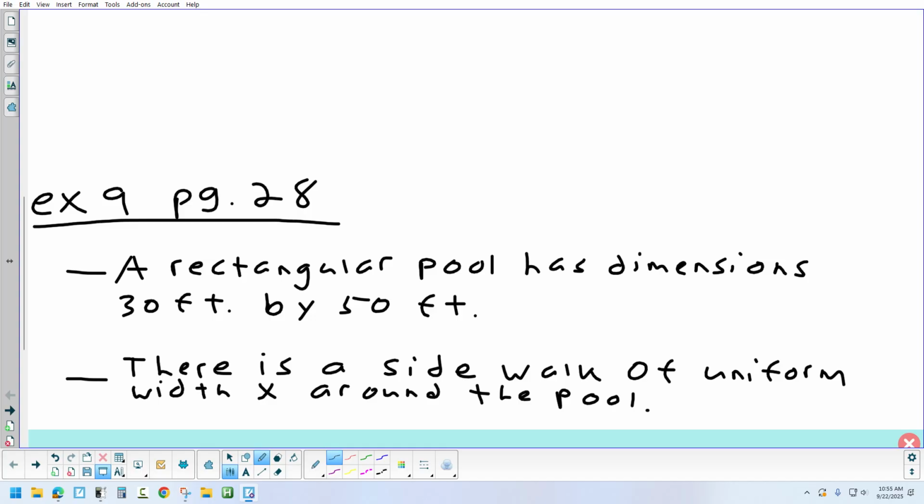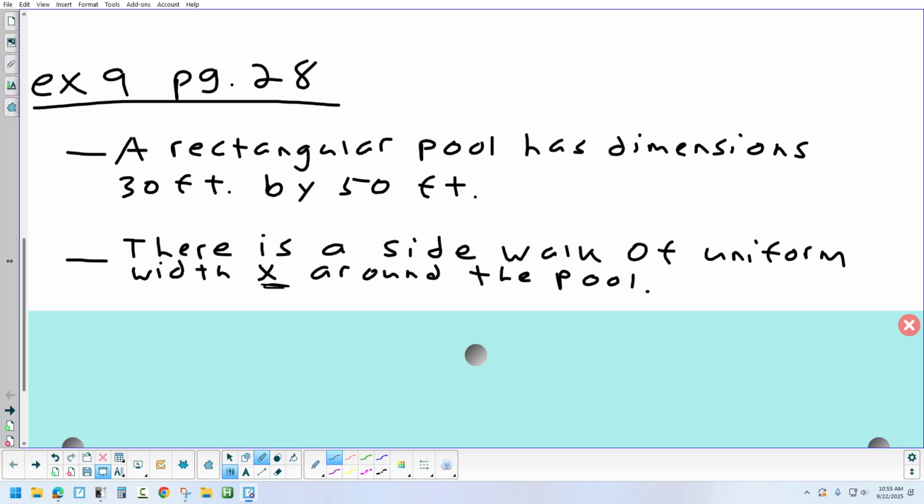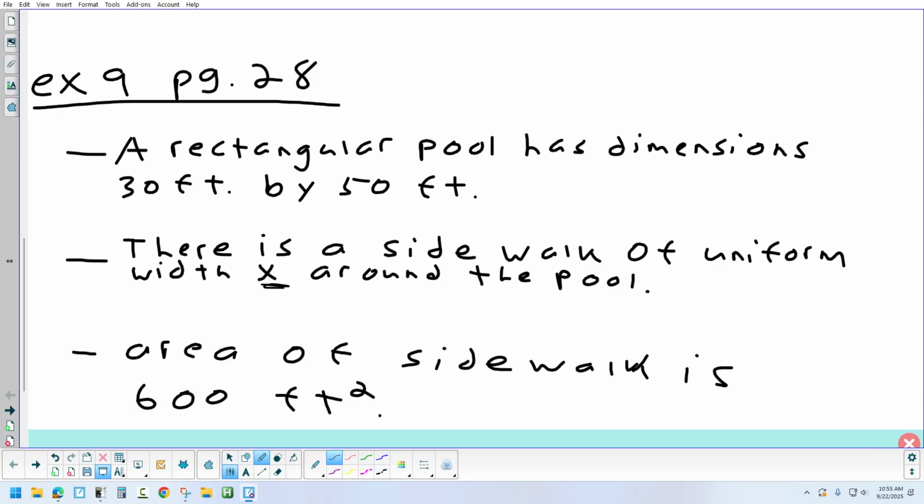We don't know the width as a number, but they do tell us how to represent it as a letter. We're going to call the width of the sidewalk x. The area of the sidewalk is 600 square feet. So now, using that information, we're going to find the width of the sidewalk. That's the goal.